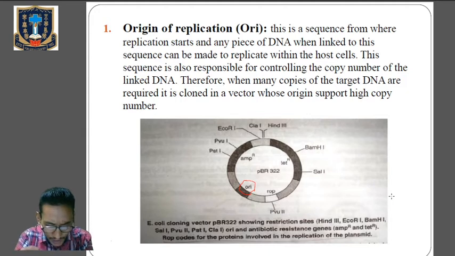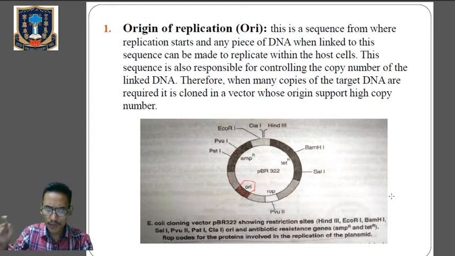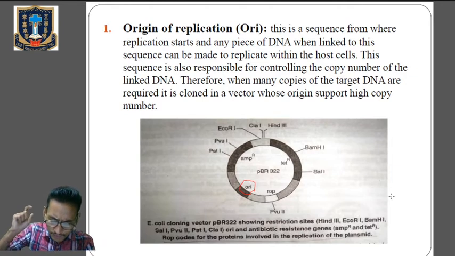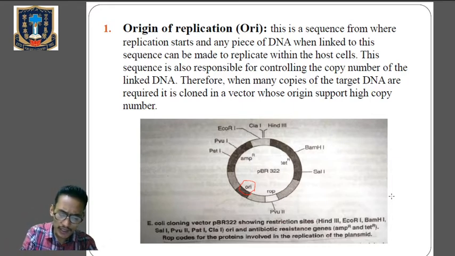The ORI site means origin of replication site, which is the sequence of nitrogenous bases where the replication of DNA starts. When any piece of DNA is linked to this site, it will be made to replicate because it acts as the site for the initiation of replication by binding the enzyme called helicase. Remember this.